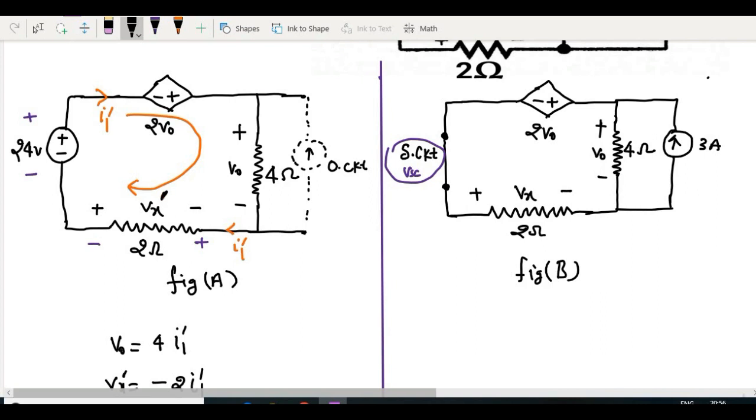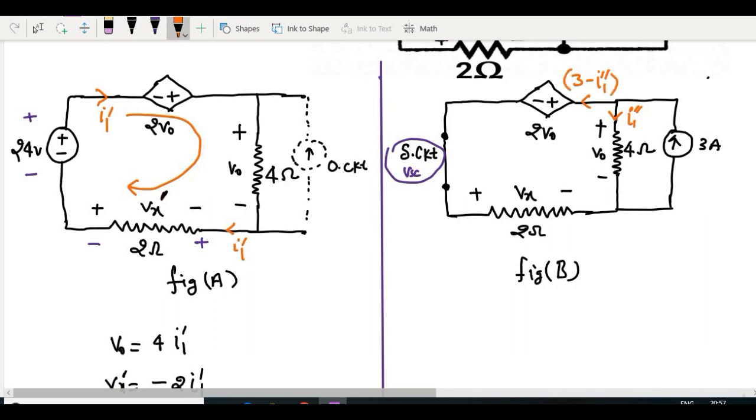Now figure B. Here we have short circuited the 24 volt source and taken the 3 ampere current. Let the current be I1 double dash, because I took I1 dash in the first figure. So the current going through the other branch will be 3 minus I1 double dash.